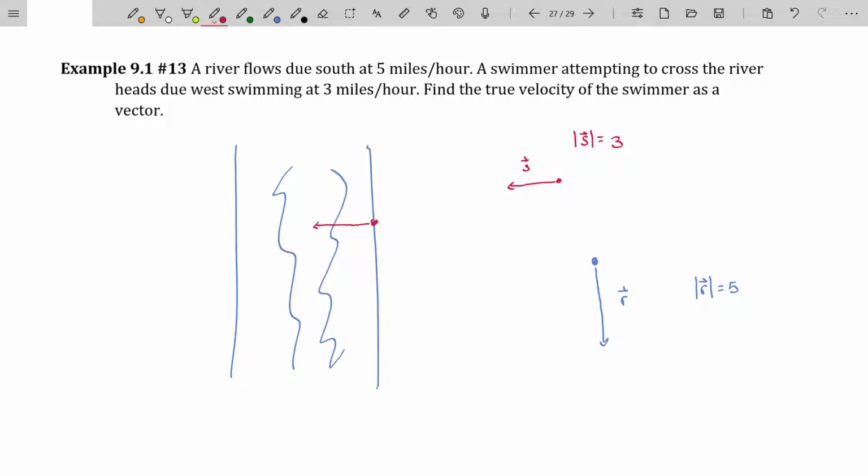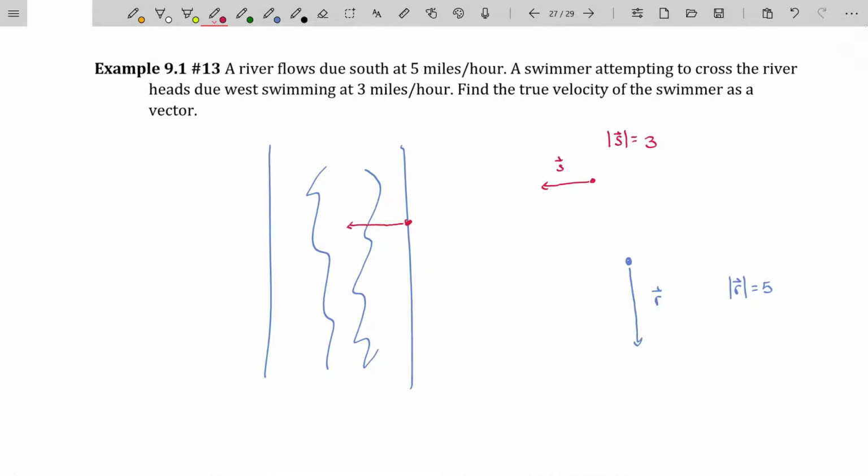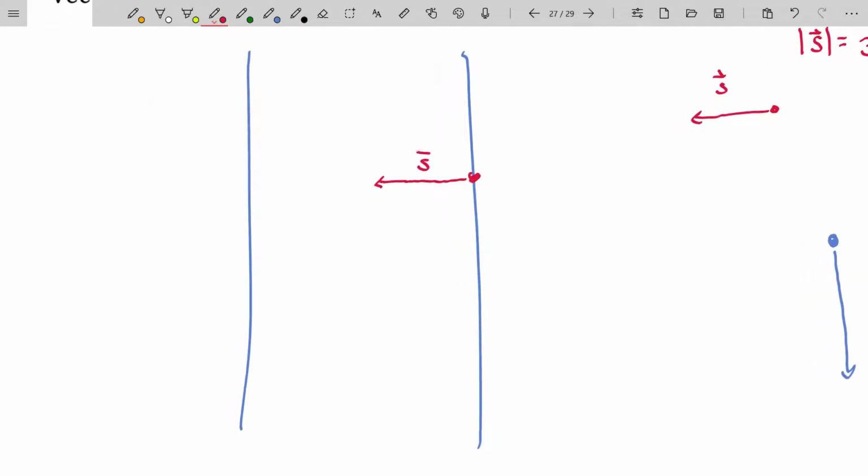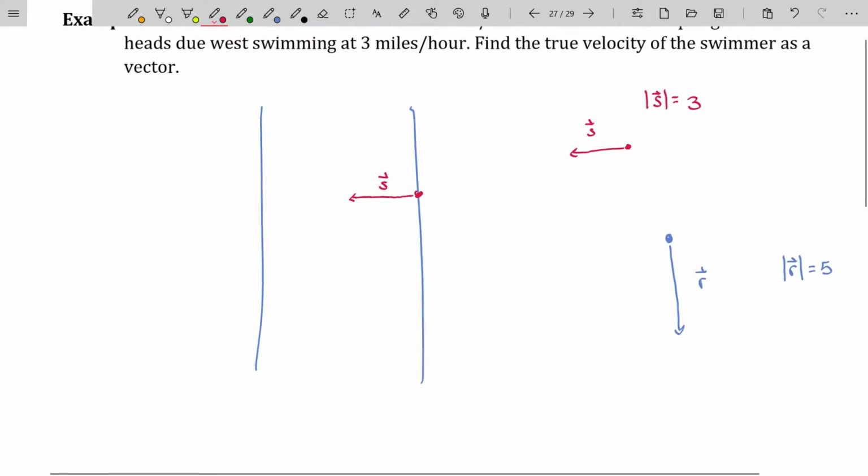Okay, well, what does that mean? It means this. You have a vector called the swimmer, and they're trying to go this way, but the fact is the river is pushing them down. So their true direction and their true velocity is adjusted. It is going to be whatever their vector is, this S vector, plus the river vector.